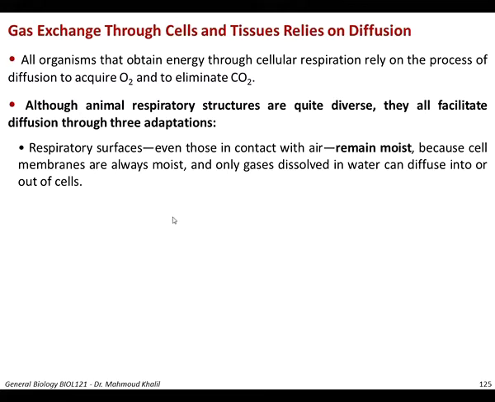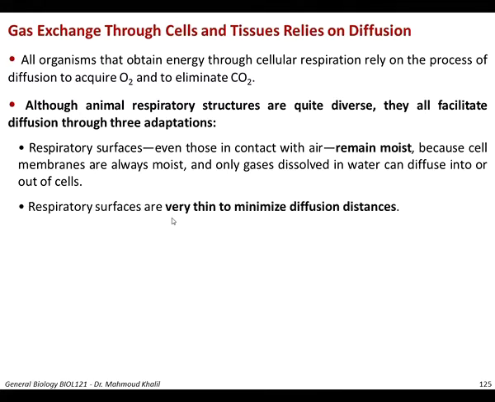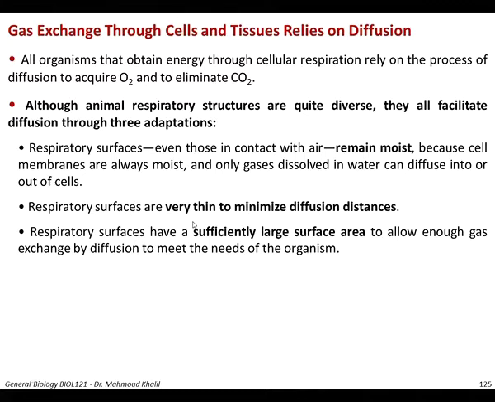The second modification is that the respiratory system needs to be thin to minimize the diffusion distance of gases from the outside to the inside or vice versa. The third modification is that the respiratory surface needs to have a large surface area to allow enough gas exchange by diffusion to meet the requirement of the organism.